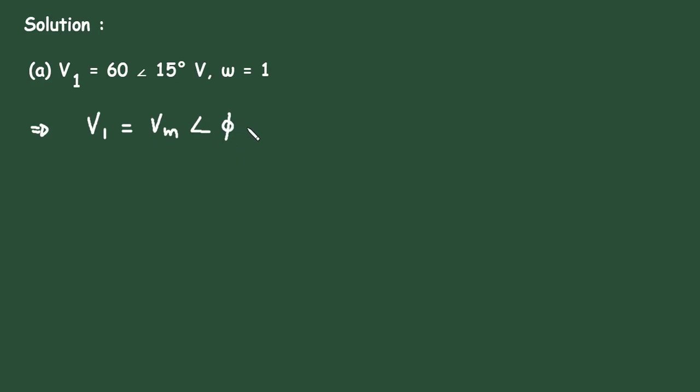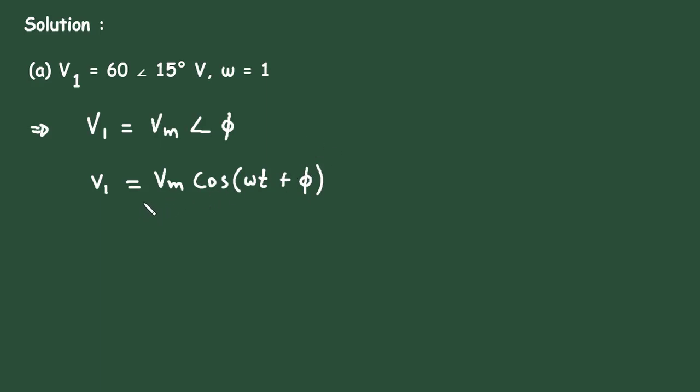So this is the standard form of phasor, and small v1 is equal to Vm cos(omega t plus phi). So this is the time domain format, and this is called as frequency domain format.